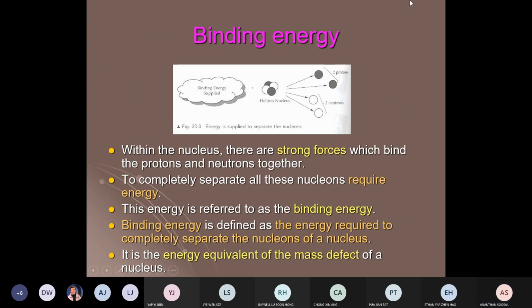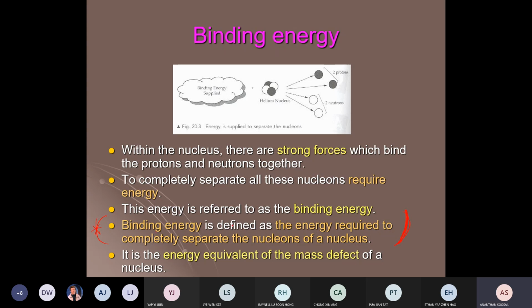Now we go to one important term called binding energy. What is meant by binding energy? The fourth point is the definition for binding energy. Let's go for the fourth point first.